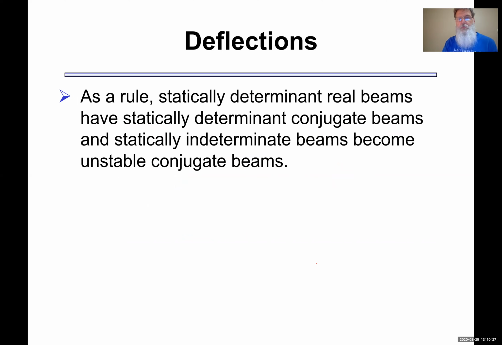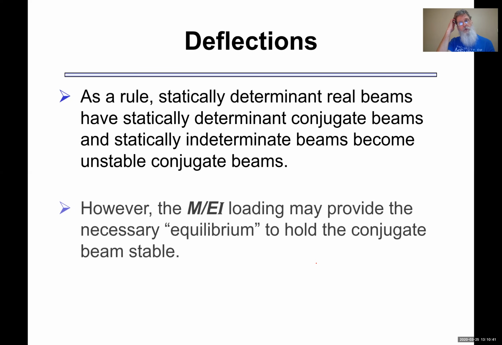So as a rule, statically determinate real beams will be statically determinate conjugate beams. Statically indeterminate beams can be unstable. However, the loading, the M over EI loading, can provide that equilibrium.